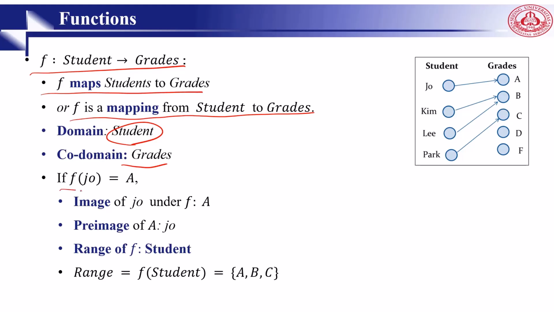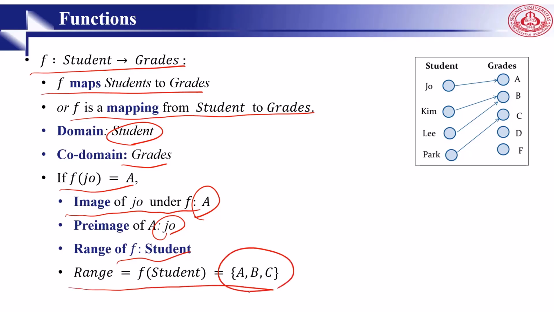For example, if Joe got a grade A, then A is called the image of Joe under f. A is the image of Joe under f. Joe is the pre-image of A. And the range of f is the set of all images of students under function f. Range of f: A, B, and C.